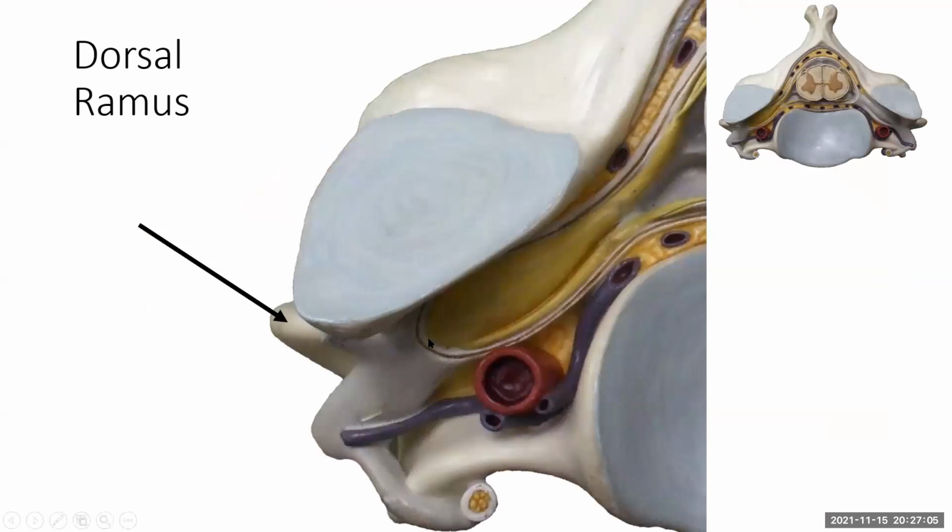Okay, so as our spinal nerve exits out of the intervertebral foramen, it gives a branch that goes immediately posterior toward your back. That branch that is coming off is known as the dorsal ramus. You've heard me refer to it as the posterior ramus. Again, that is going to go towards your back and control the deep muscles of your back, and also sensory innervation to the posterior skin of your back.